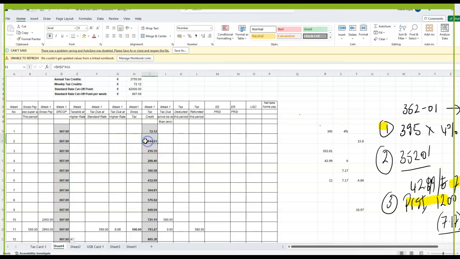And the same over here, they would have 72.12 every single week, and therefore that's the amount of tax credit they would have every single week. Again, let me bring in a couple of calculations till we have a look at them. So if you had, say, €450, it's under the standard rate cut-off point for a week 1 basis. It's all taxable at 20%.